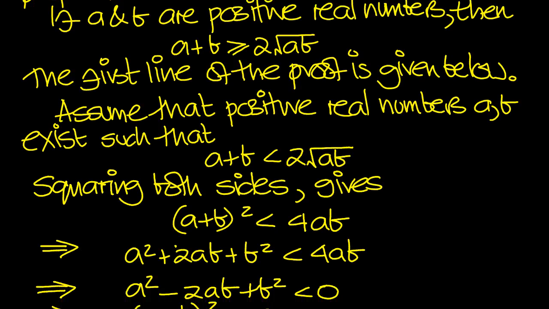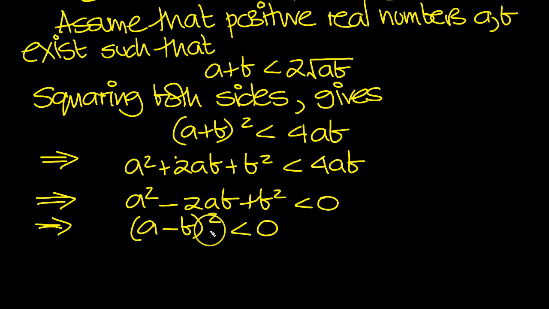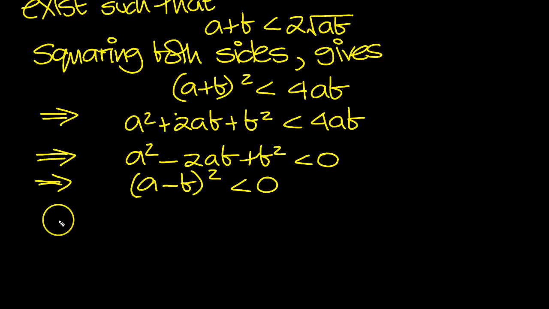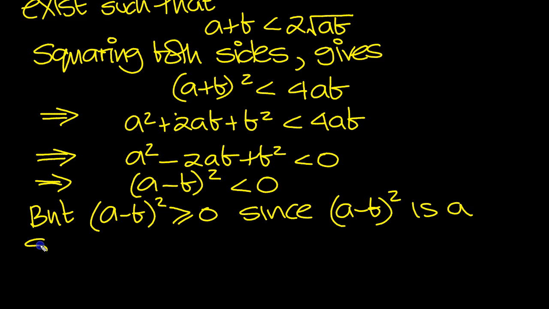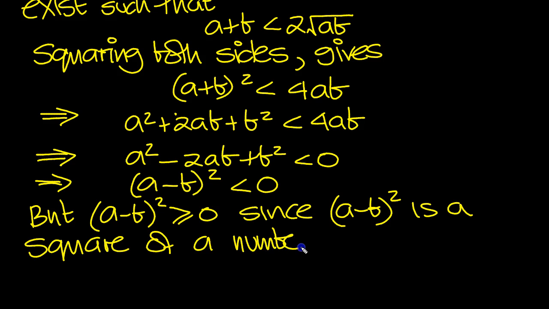Okay. a minus b squared rather is less than 0, but a square number, a minus b squared, has to be greater than or equal to 0, since a minus b is a square of a number. So it has to be positive or 0. And this implies it's negative. This is a contradiction.